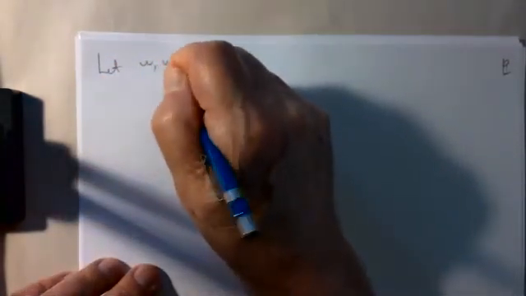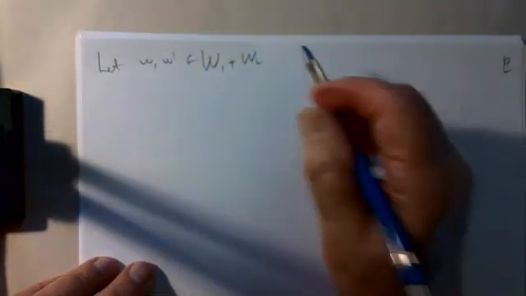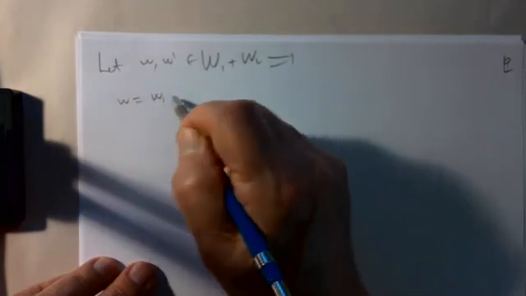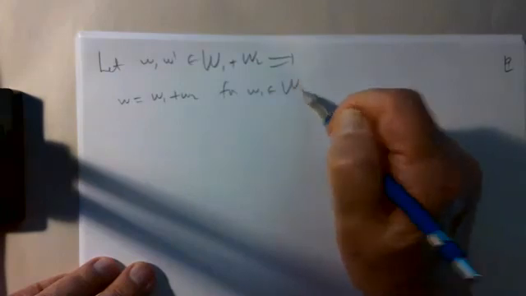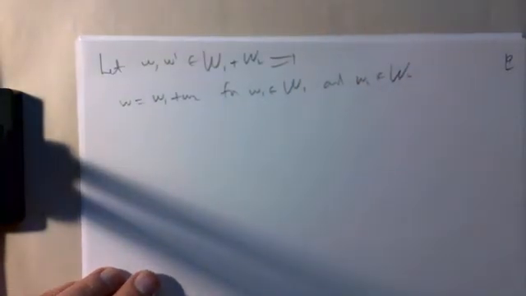And why is the sum closed under vector addition? Suppose that w and w prime are in W1 plus W2. That means w is some w1 plus w2 for w1 in W1 and w2 in W2.